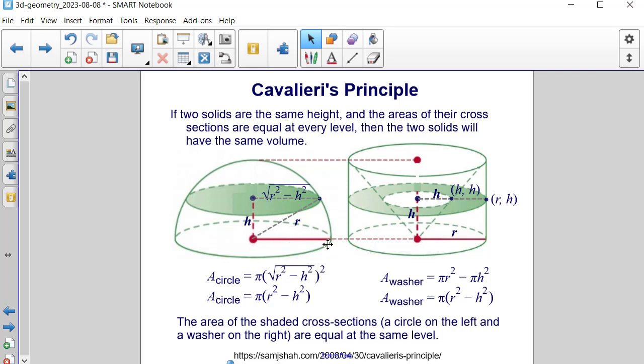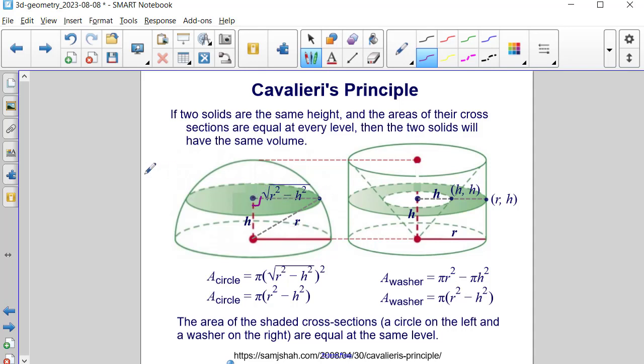Well, if we extend the radius out horizontally, we can also extend it out diagonally to meet with the edge of this cross-section, so the hypotenuse in this right triangle that's being created is the radius of our hemisphere. This height is the value h that's been assigned to it, and in order to solve for the radius of this cross-section, we would do this, I'll call it b squared plus h squared equals r squared.